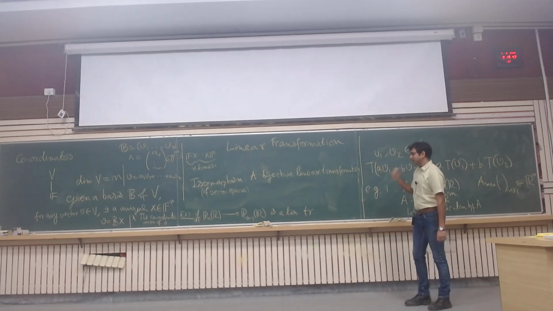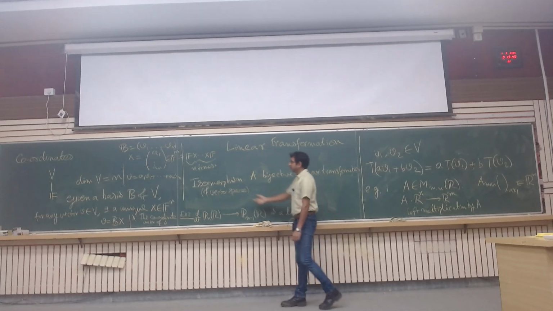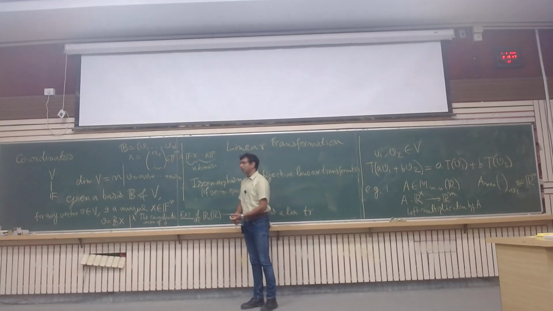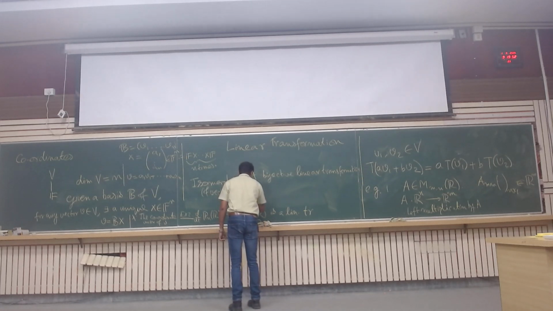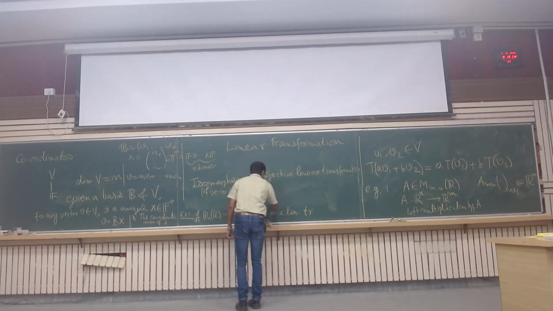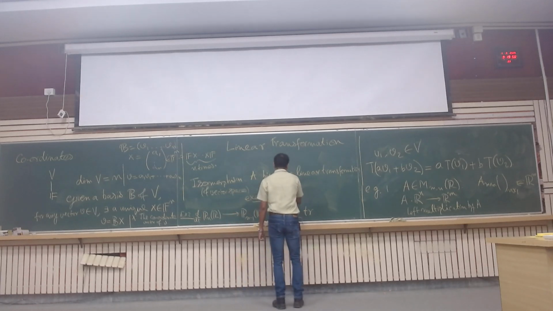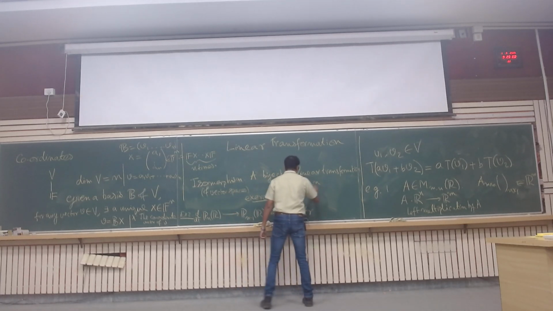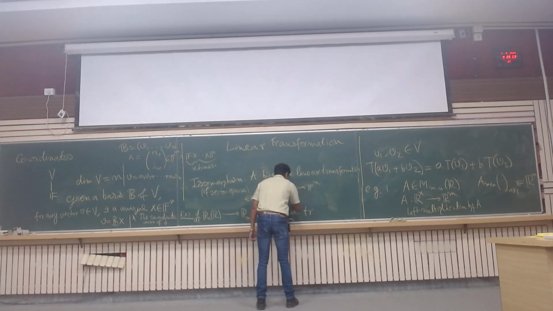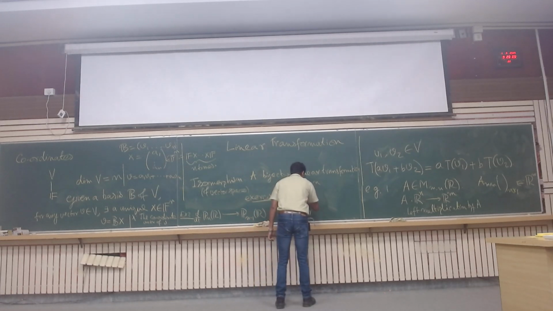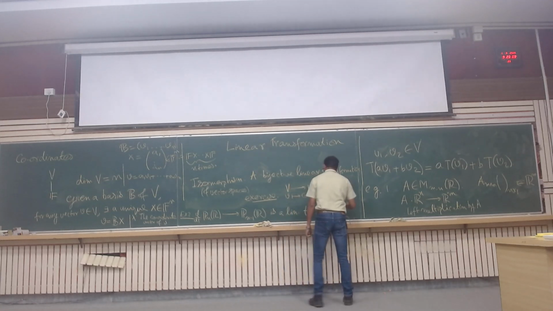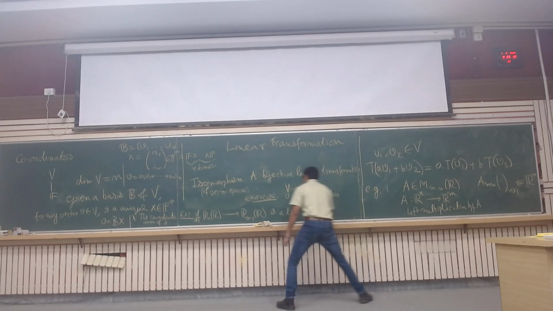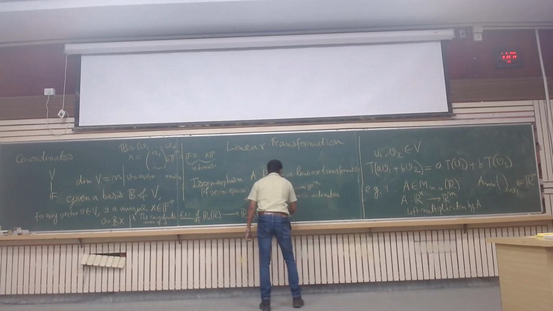So, as with vector spaces, we gave two examples. For isomorphism, we already gave an example. It is an easy exercise for you to check that the map from V to F^n, which sends a vector v to its coordinates, is an isomorphism.